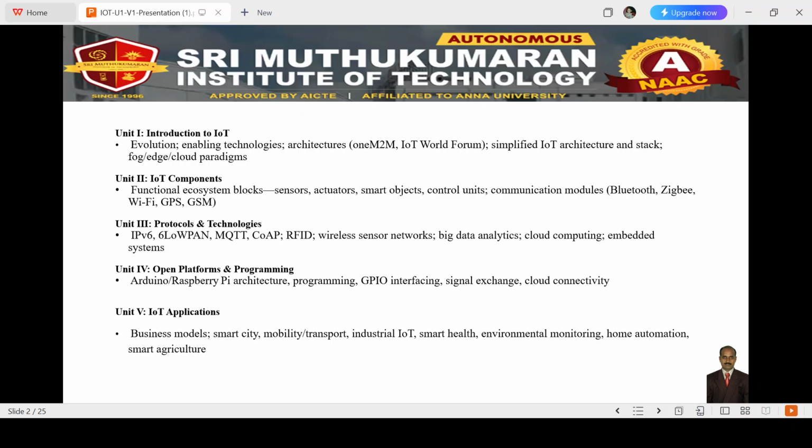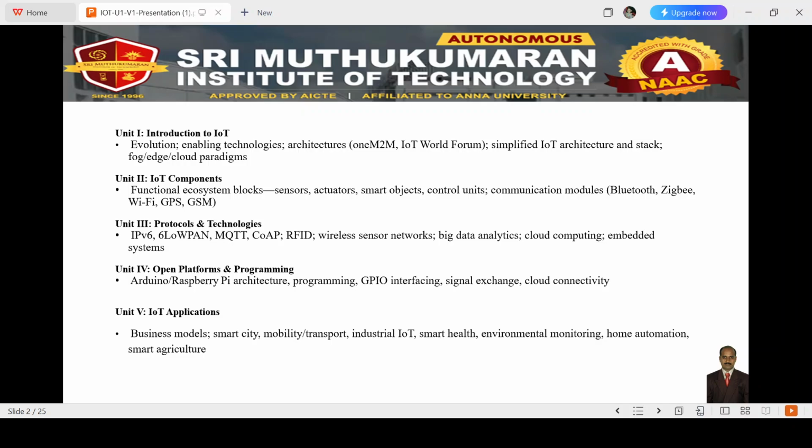It starts with IPv6, Internet Protocol version 6, and 6LoWPAN, low-power wireless personal area network, and MQTT, which stands for Message Queuing Telemetry Transport, and CoAP, Constrained Application Protocol, and the RFID protocol, along with wireless sensor networks and big data analytics.